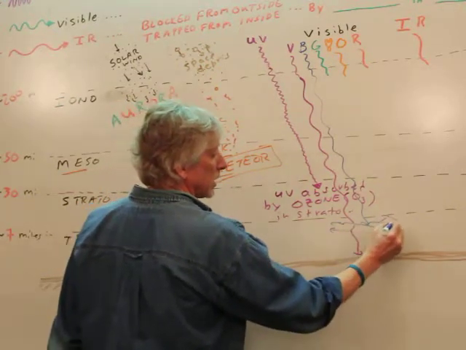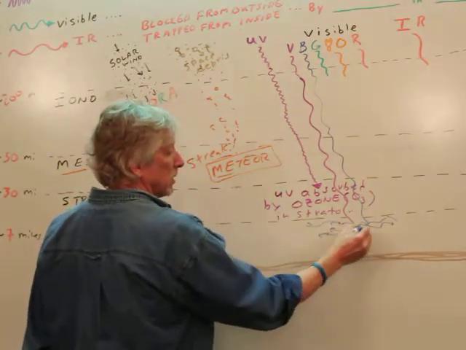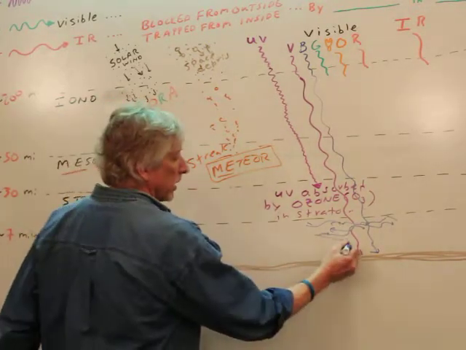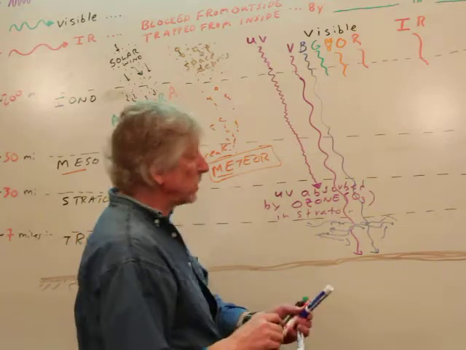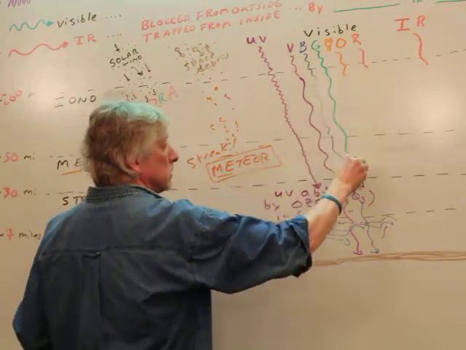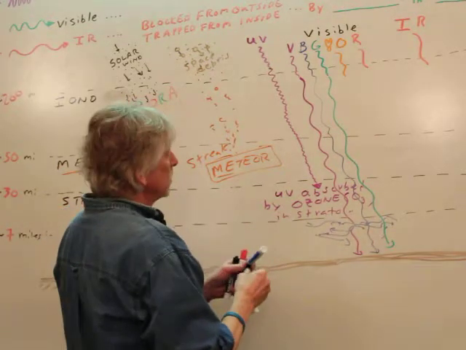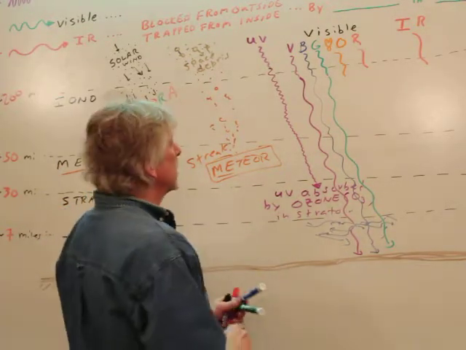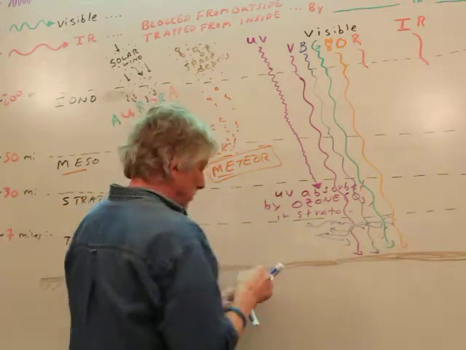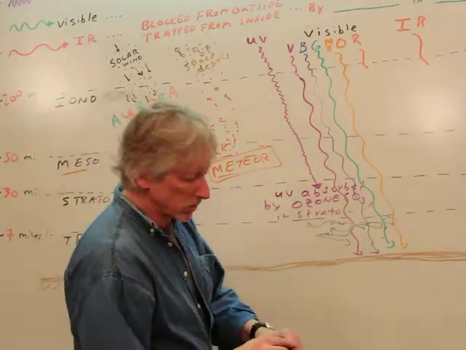Giving us our blue skies. But it comes on through. It bounces around and gets in here. And the green comes on through, and there's a little bit of scattering there too. Green comes on through, and the orange and the yellow come on through. And the red comes on through.